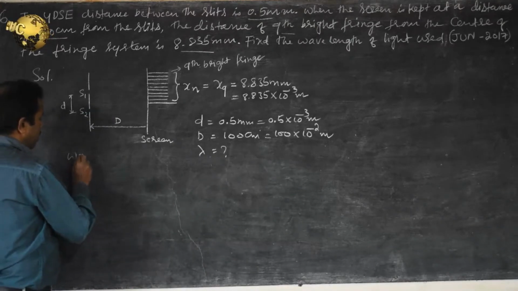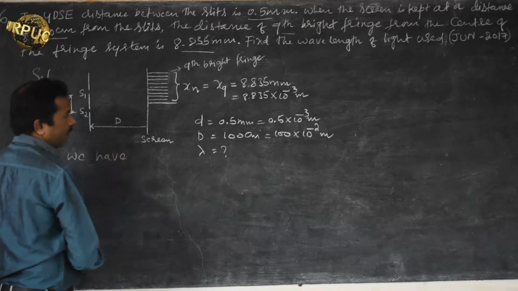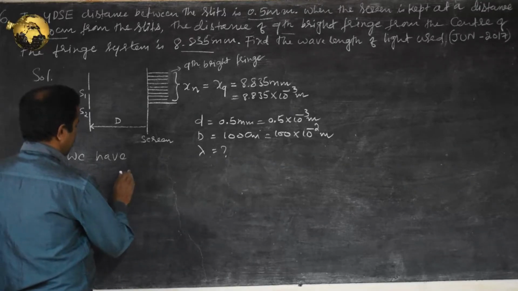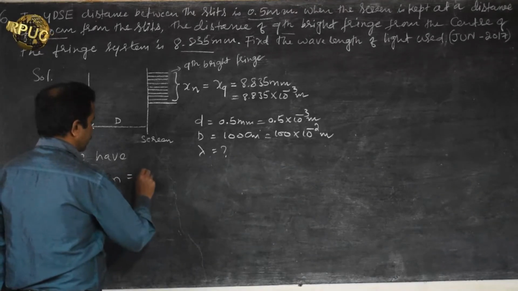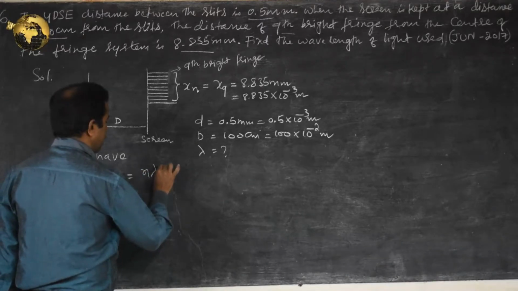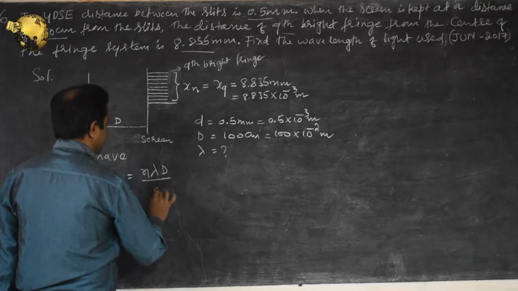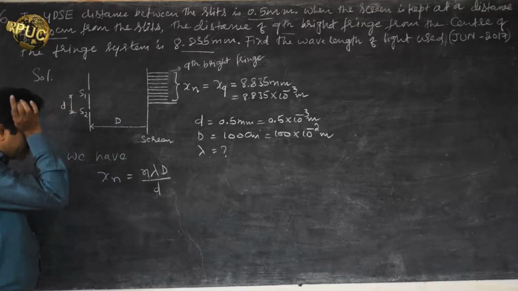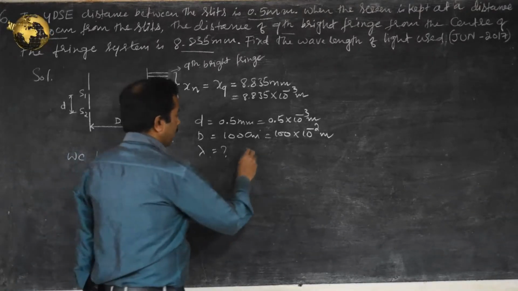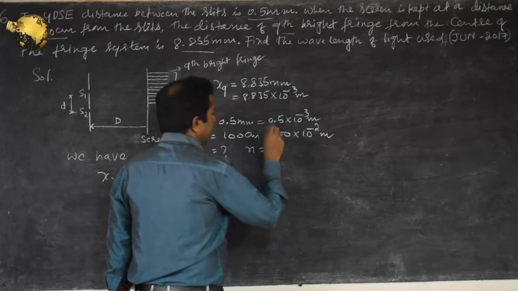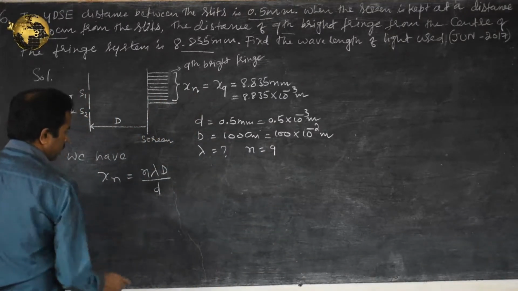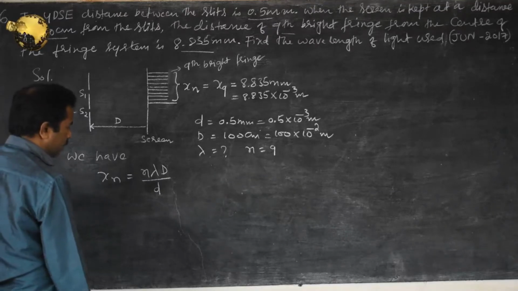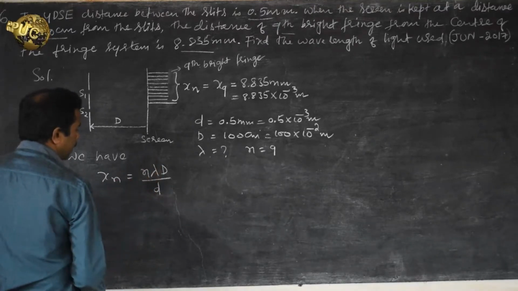We have the formula: xn is equal to n lambda D divided by d. Here one more thing we want to write: n value is 9, ninth bright fringe. So let us take the cross multiplication, as we have to calculate the lambda.